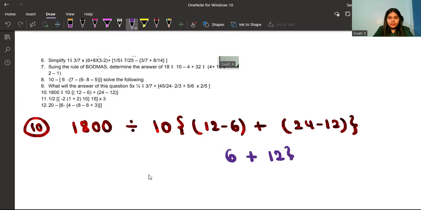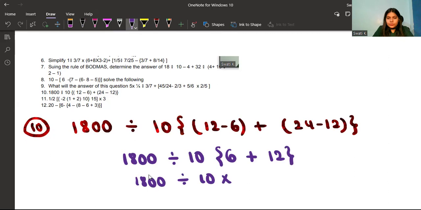And then writing the curly bracket as it is, 10 here divided by 1800, right? So 1800 divided by 10 times 6 plus 12, that makes so much sense. It's 18. So it will become 1800 divided by 10 times 18, which is 180.